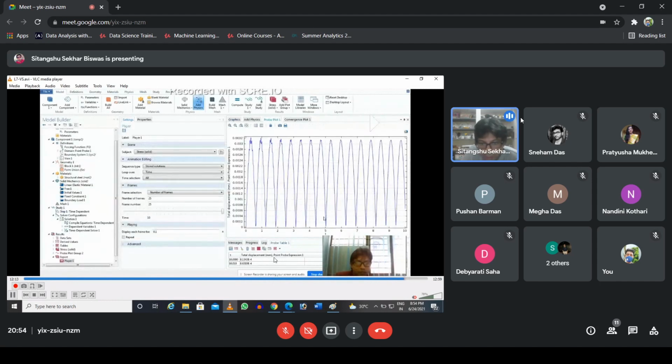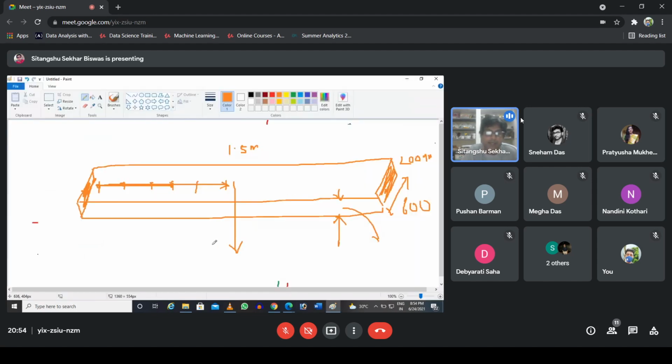You see this tab. If you click that tab, you can import the entire graph to an Excel sheet. This tab is called import. If you click that, you can import the entire data to Excel.